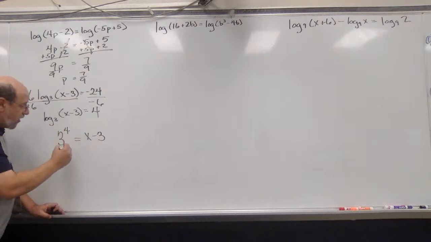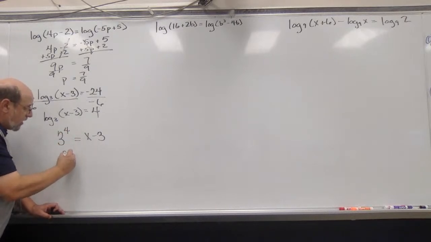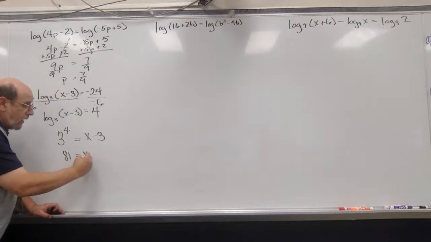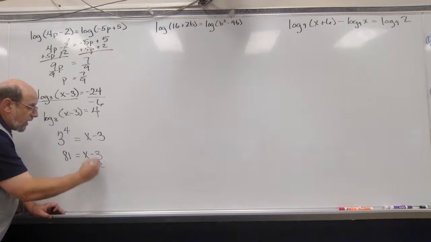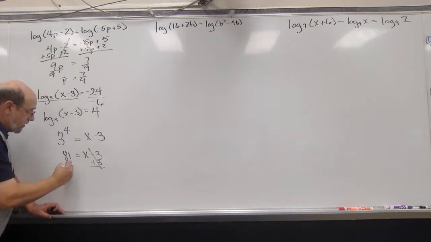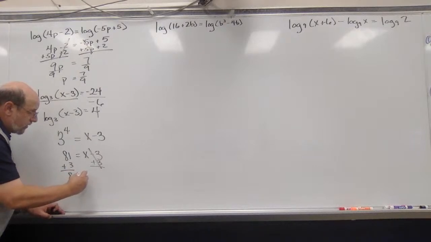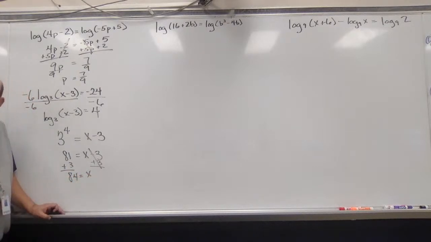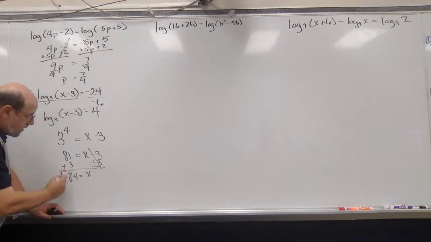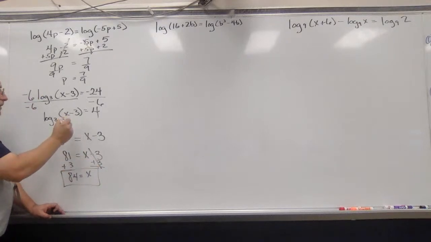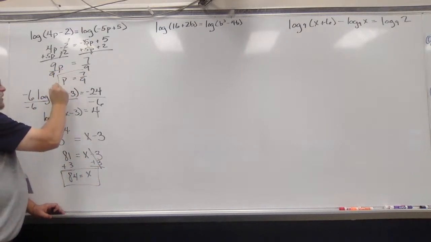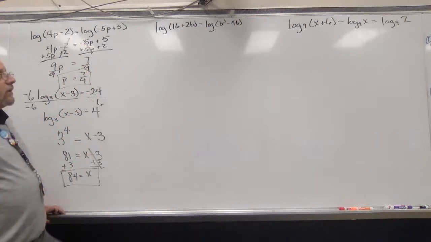That I can solve because I know 3 to the 4th is 81, so 81 equals x minus 3. I'm going to add 3 to both sides to isolate the variable, and we have 84 is equal to x. Great, that's our second one. There's our first one. Moving on.